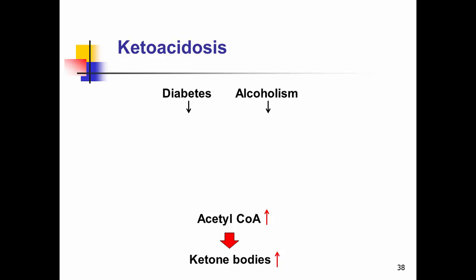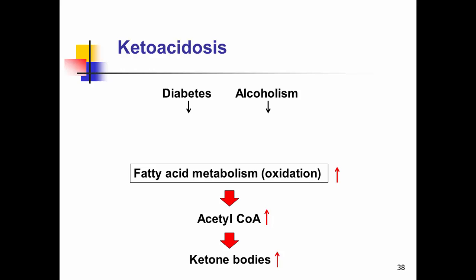Fatty acid oxidation, right? So you expect fatty acid oxidation will be increased in diabetes or alcoholism. That will produce a lot of acetyl-CoA and push ketogenesis, so you synthesize a lot of ketone bodies. So why is fatty acid oxidation increased in diabetes or alcoholism?